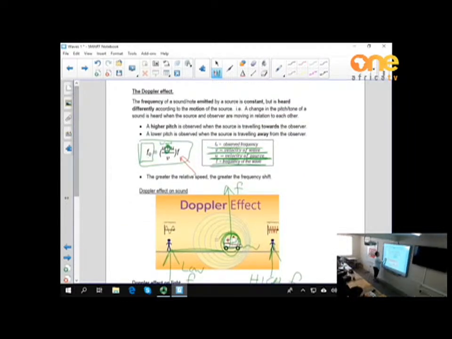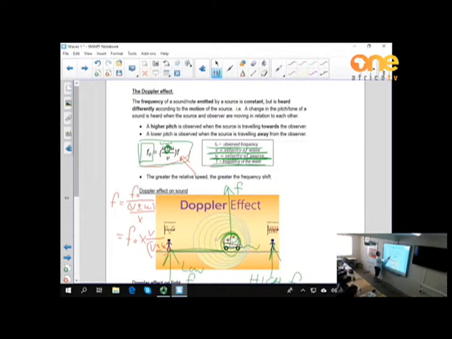I can have the frequency is going to equal the observed frequency divided by V plus or minus U over V. Do you follow me? All right? And that is going to equal the observed frequency times V over V plus or minus U. Do you follow me? There's a reason why I'm showing you this.